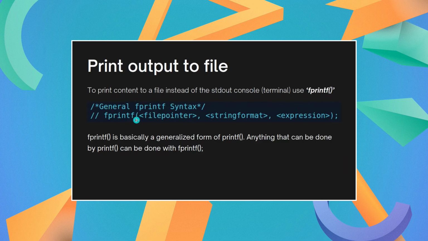The general syntax for the function fprintf is the use of a file pointer, a string format, similar to how we use printf. This is where we'll be formatting our string or our outputs in this case. And of course, the expression of the outputs that we will be formatting. In essence, fprintf is basically a generalized form of printf. Anything that we can do with printf can also be done by fprintf.